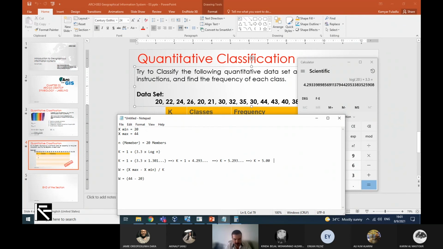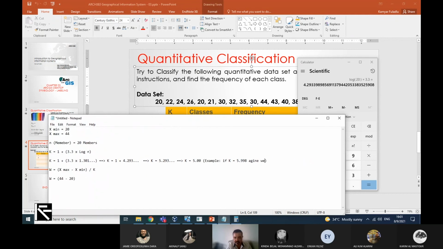Just for the sake of curiosity, an example: if K equals 5.998, again, let's make my screen a bit bigger. Again, we consider K equal to 5.